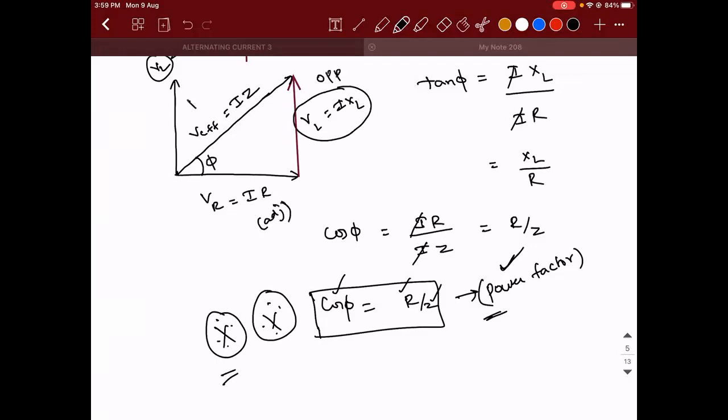The hypotenuse is the longest side of the right angle triangle, which is the slanting side. So tan phi is equal to XL divided by R. It is opposite by adjacent.